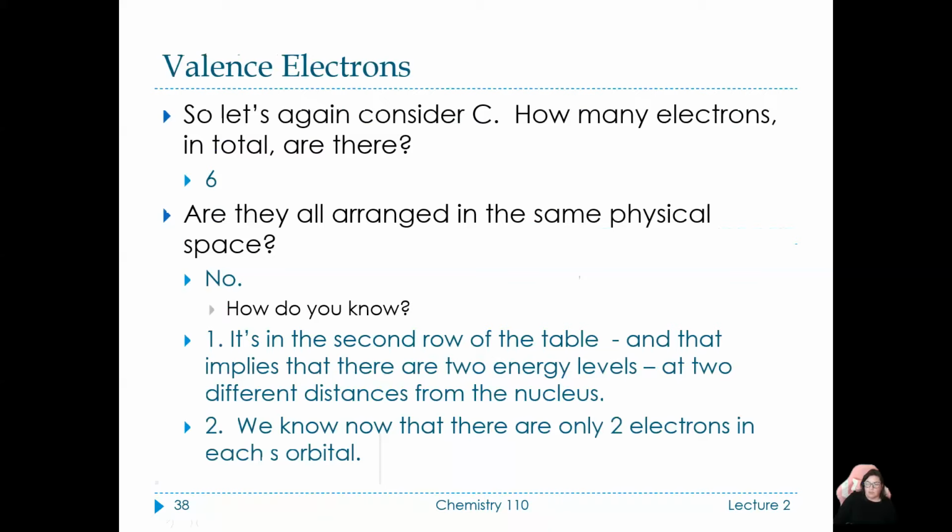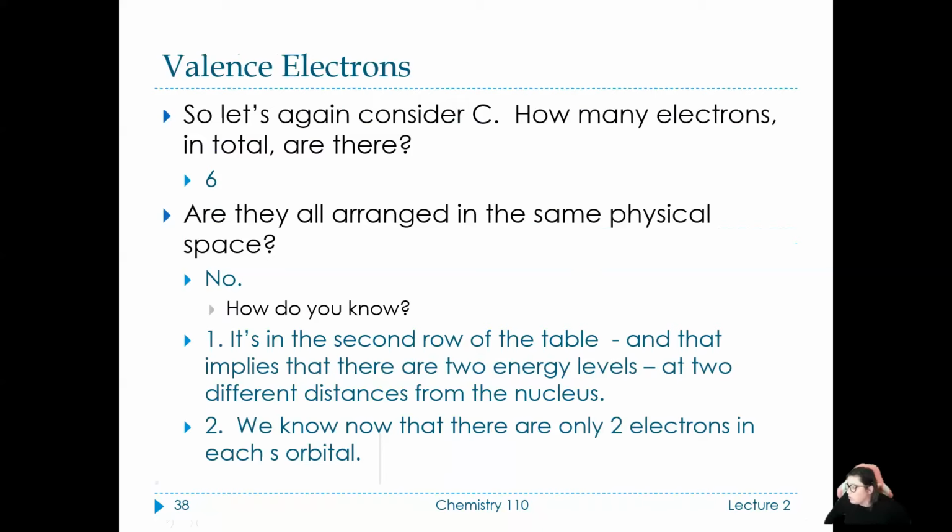Valence electrons. So let's again consider carbon. Now, carbon is number 6, so there are 6 electrons because we have 6 protons and it's neutral. Are they all in the same physical space? No, absolutely not.